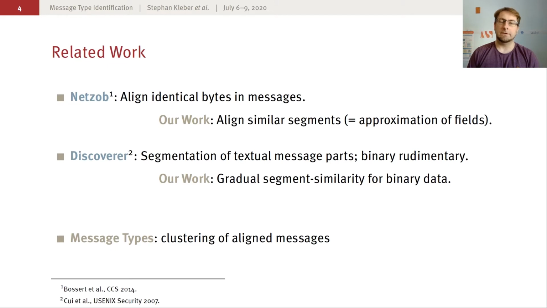Plenty of related work about protocol reverse engineering exists, and the most closely related to ours are NetZob and Discoverer. NetZob aligns identical bytes in different messages to identify structure and message types, while in our work we align on segments and their similarity. We define segments to be the approximation of protocol fields in the messages.